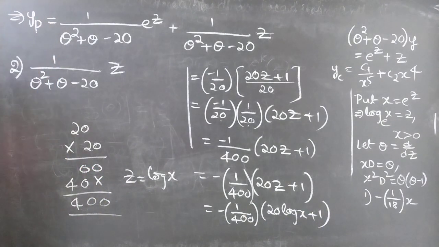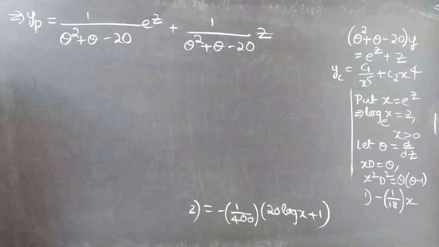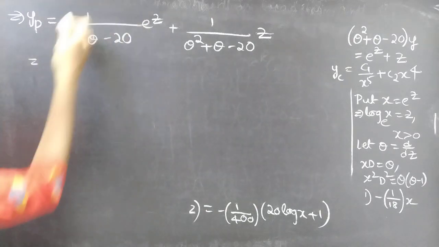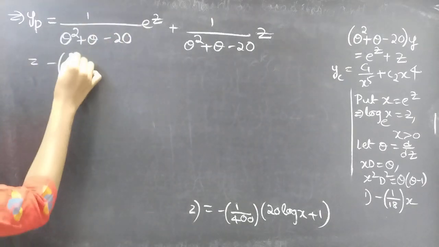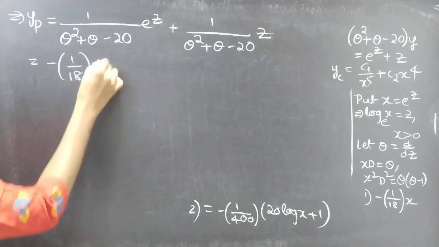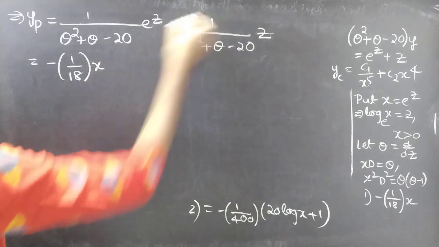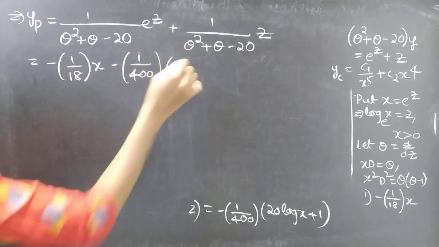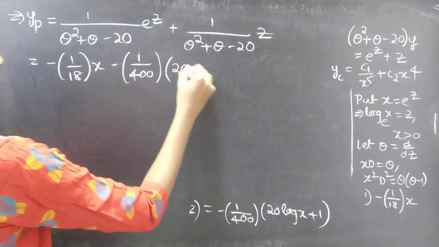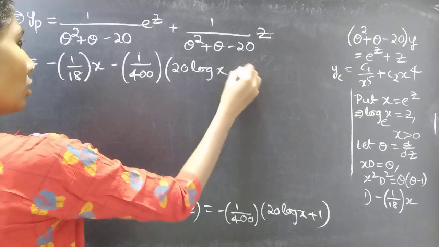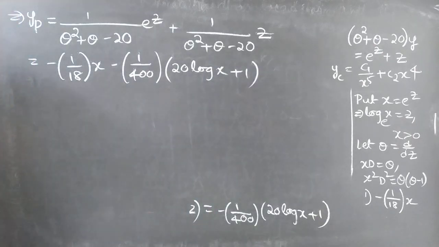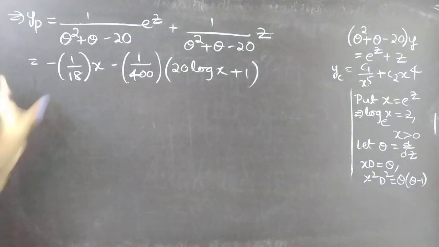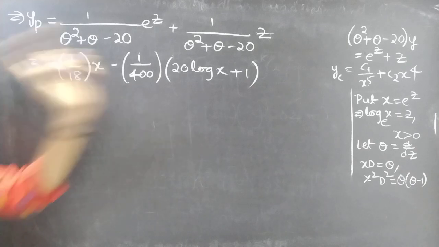Now coming to yp. Now yp becomes: the result obtained from the first term is minus 1/18 x, and the result obtained from the second term is minus 1/400 into (20 log x + 1). This is the required yp, and also we got yc.